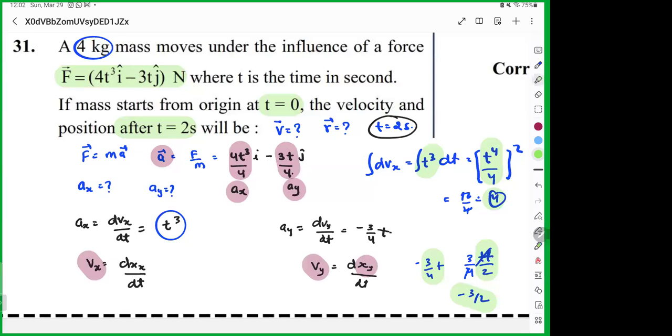You are actually doing integration four times. One for velocity in the x-axis, one for velocity in the y-axis. Then one for displacement in the x-axis, and one for displacement in the y-axis. Got it? And that is done. That was all.